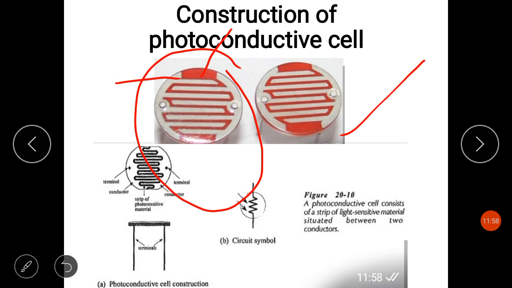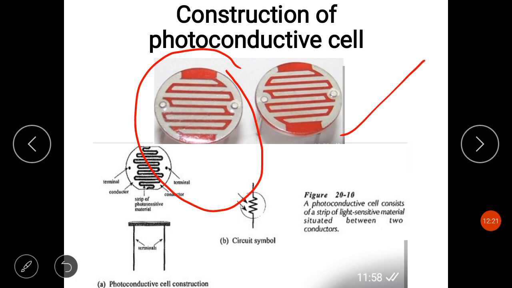These electrodes are deposited on this tablet surface in the form of interlocked combs.